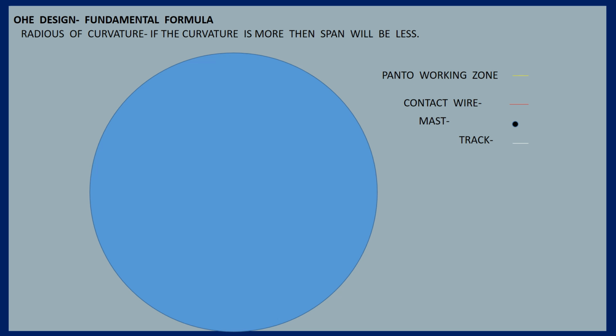Now, every curvature is a part of a circle. Our curve is maximum 9 to 10 degree. So if you draw a circle, then the radius of that circle that indicates the curvature is called radius of curvature.